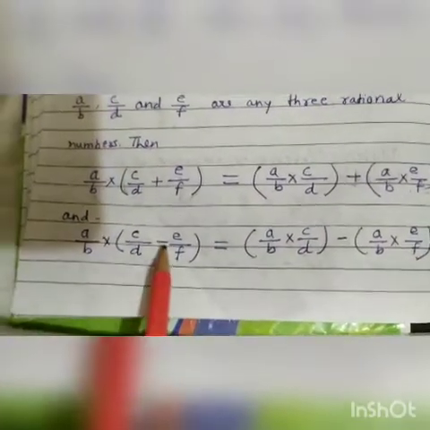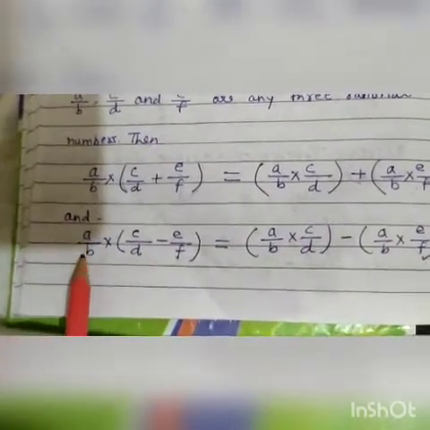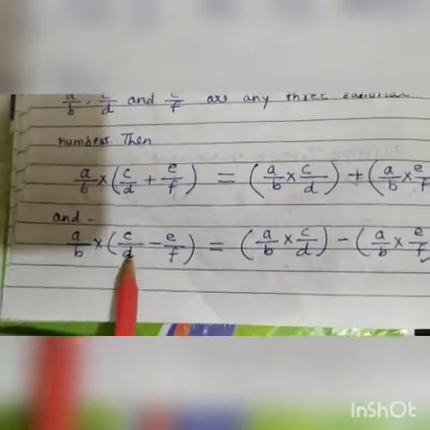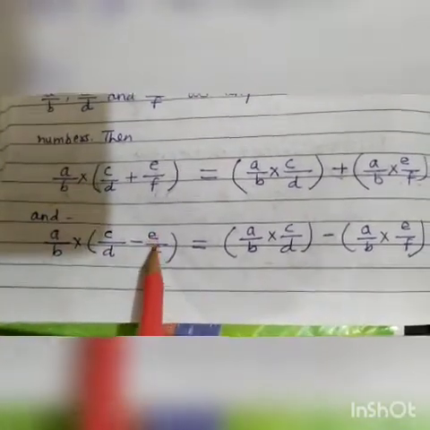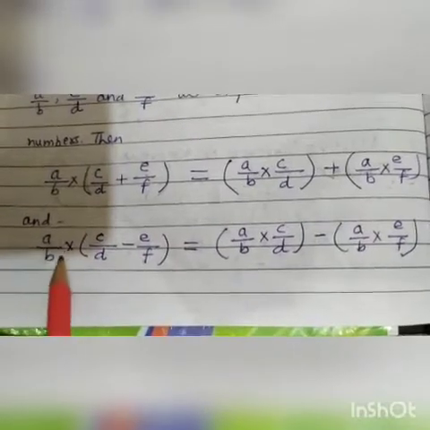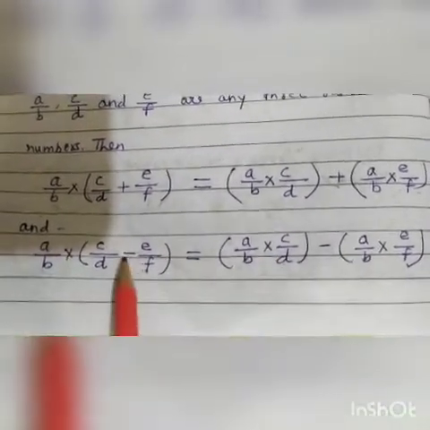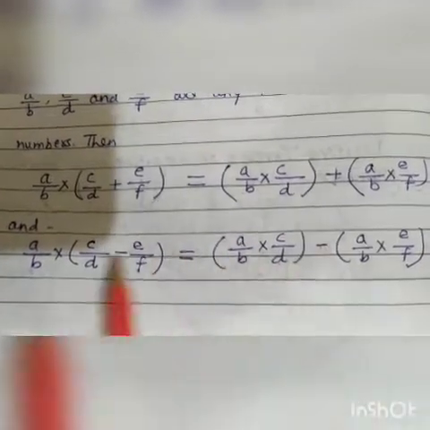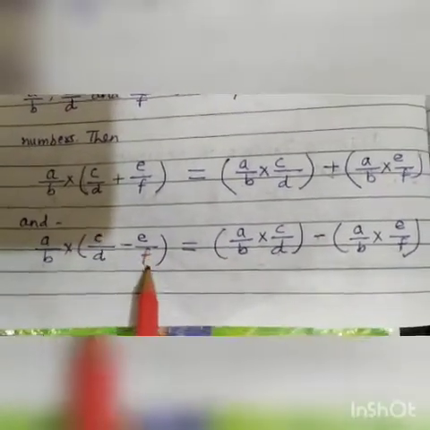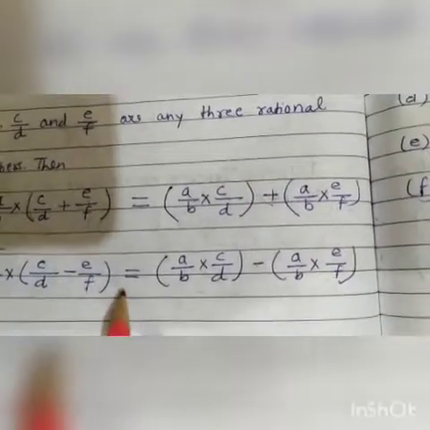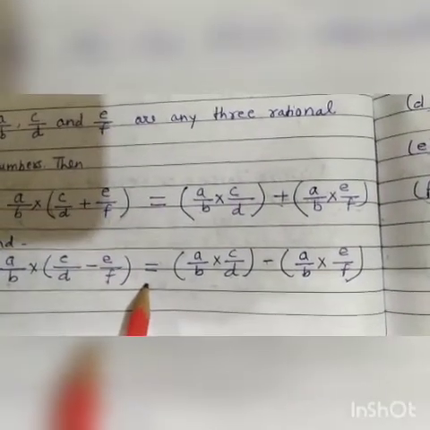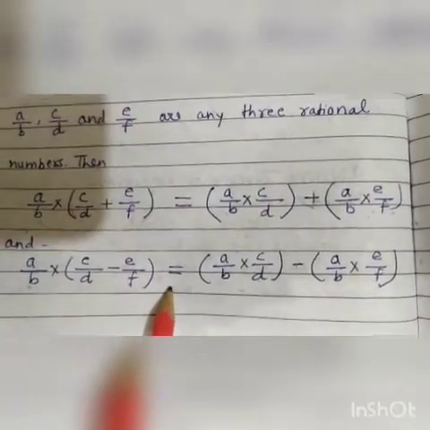Now if there is a subtraction sign like this, a upon b multiplied by c upon d minus e upon f equals, again first we will multiply a upon b by c upon d, then this subtraction sign, then a upon b multiplied by e upon f. This is the distributive property of multiplication over subtraction.